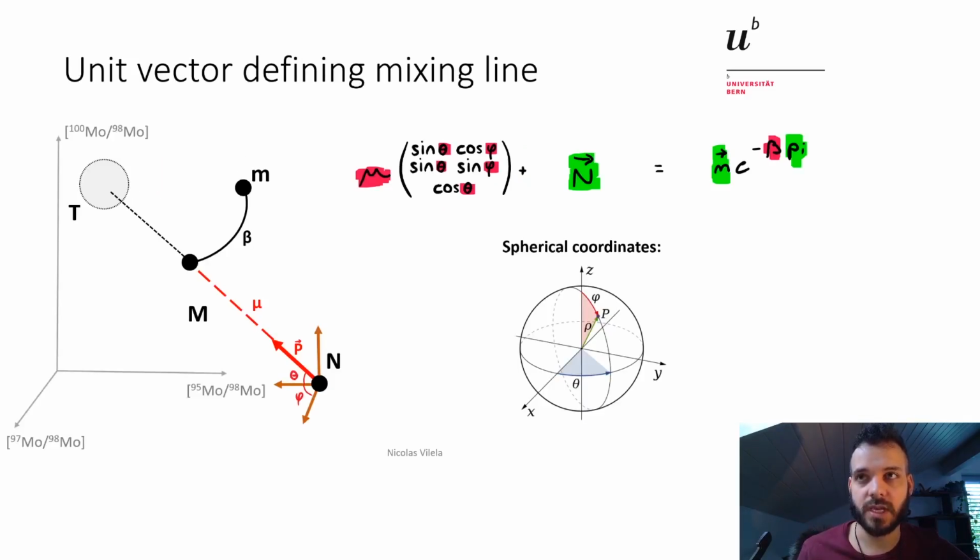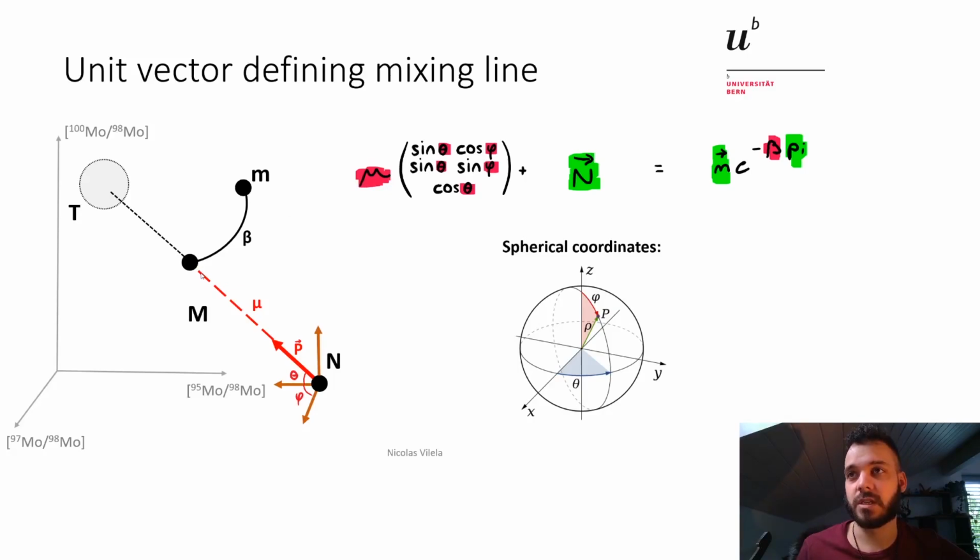Now in our 3D isotopic space, this equation actually describes the following. We have our mixture that we measure at this point, which got fractionated along this path. Eventually we reach this point, which we can also reach if we start at our standard composition over here and go along this direction that is given by our unit vector, and we go along this path for the length that is defined by our factor mu.